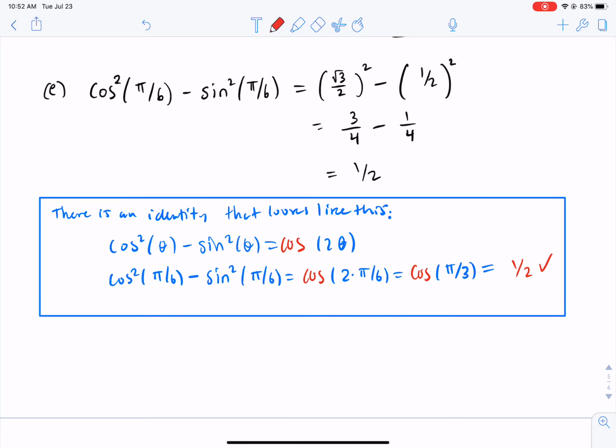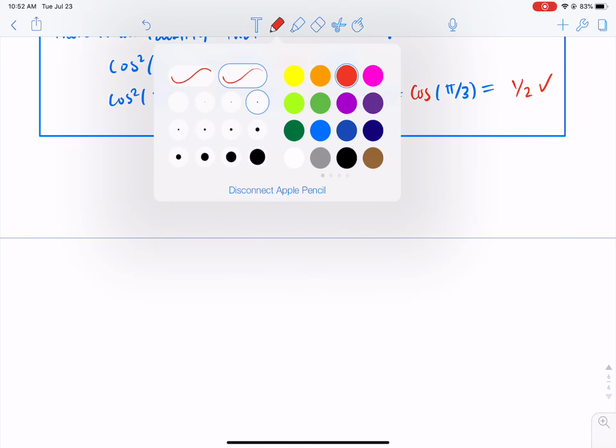But here's another question, another example.